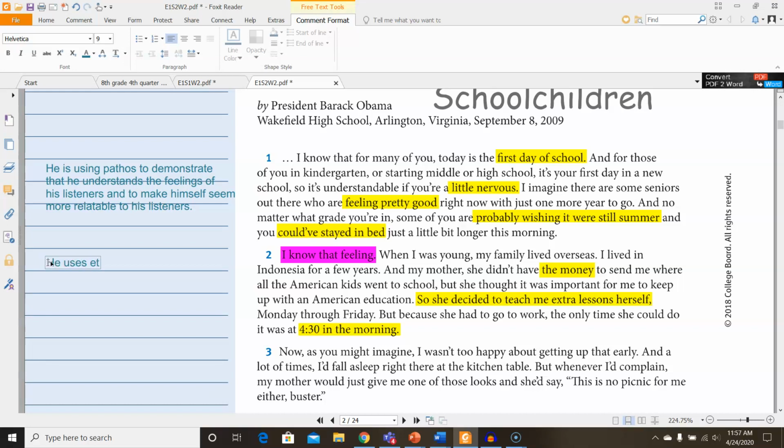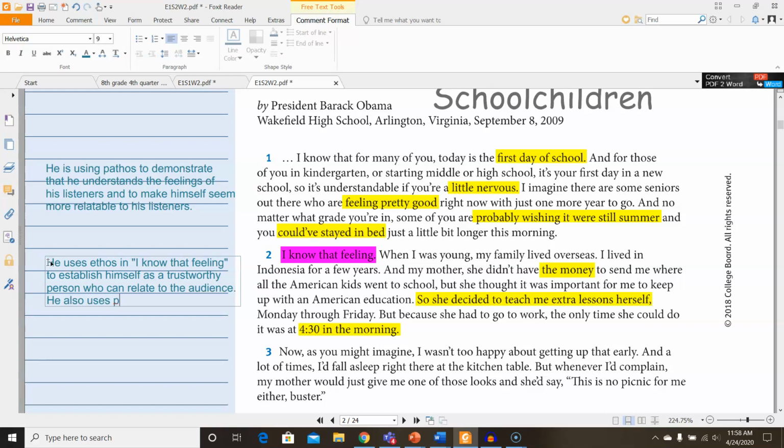He uses ethos in I know that feeling to establish himself as a trustworthy person who can relate to the audience.